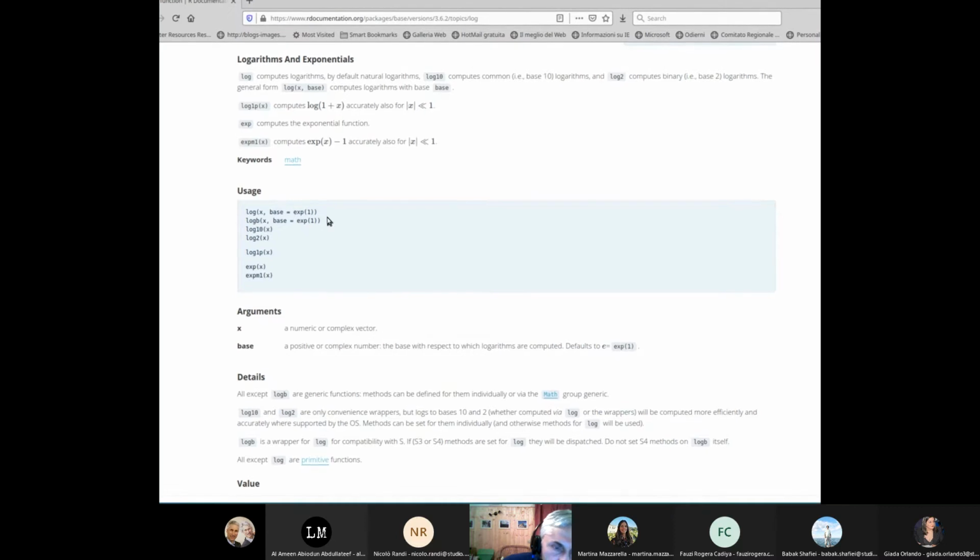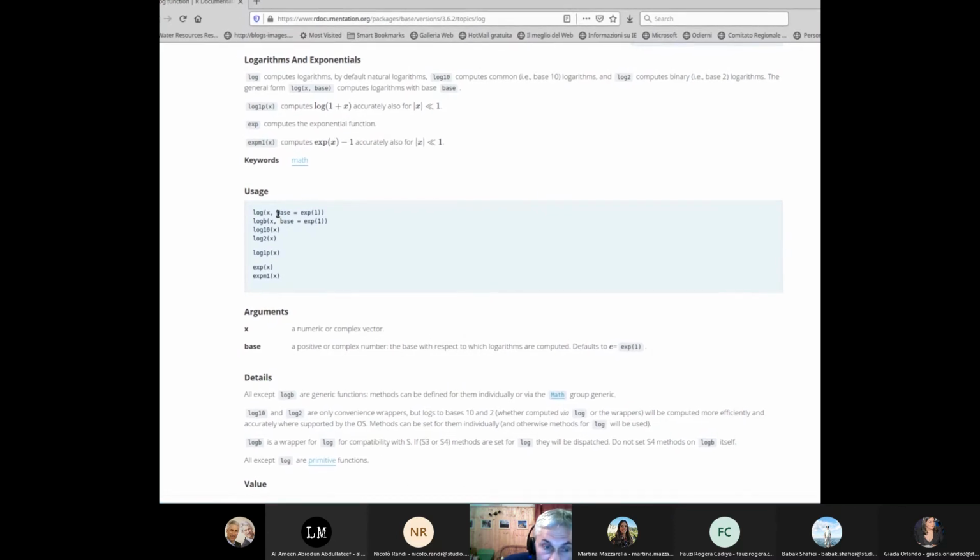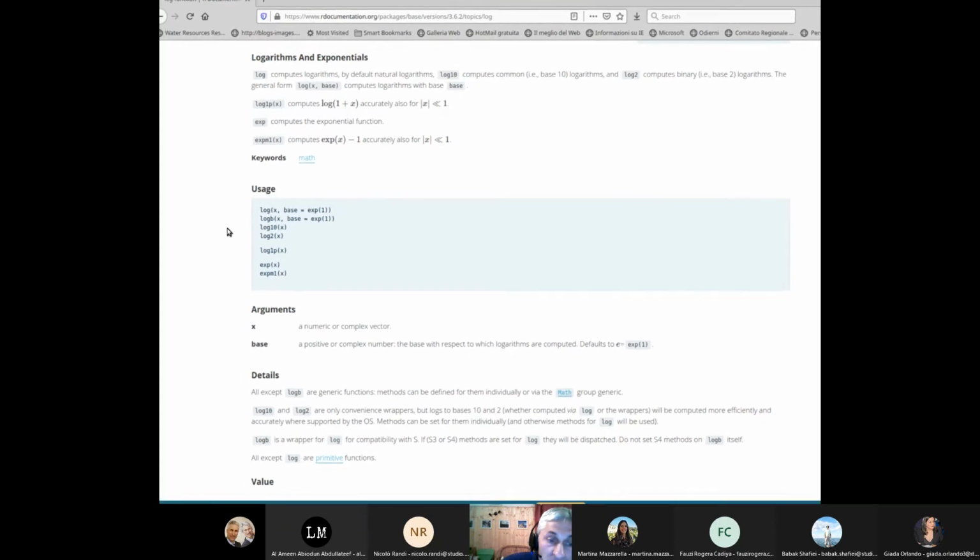Exponential 1 is the number e. Which means that if you don't specify the base, you get the default. The same is not true for x. X doesn't have any default, so you need to specify it.